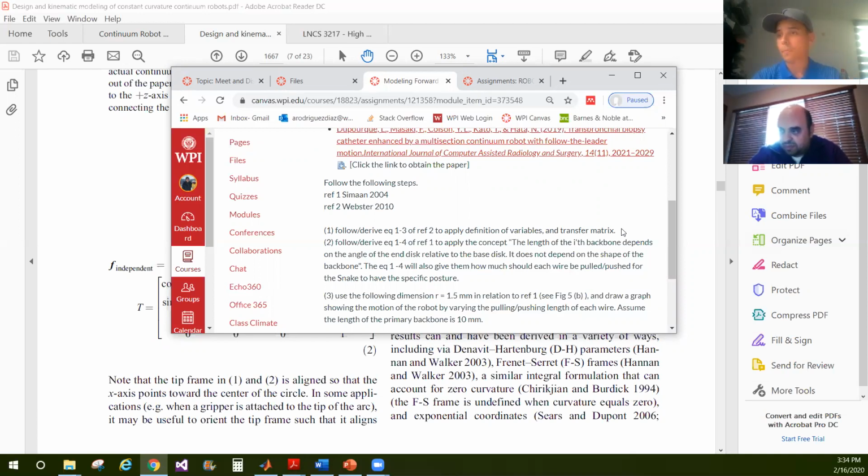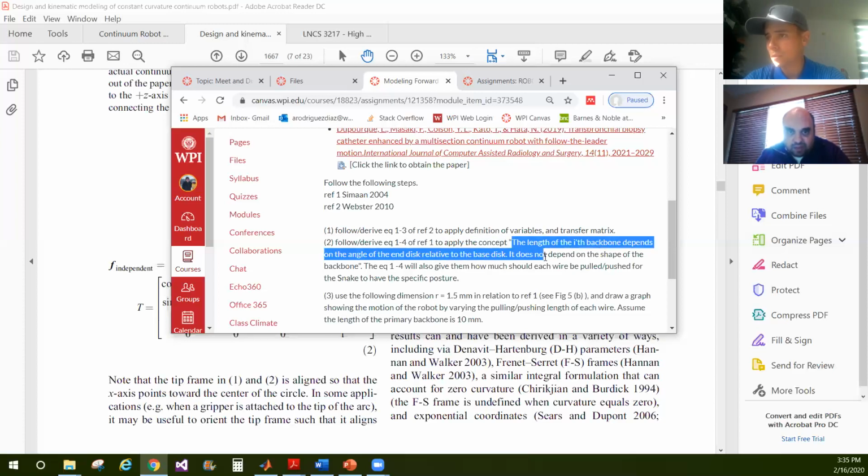Okay, and then if we do that, we go to problem number 2, which is derive equation 1 through 4 of reference 1 to apply the concept: the length of the backbone on the angle of the end disc relative to the base disc.